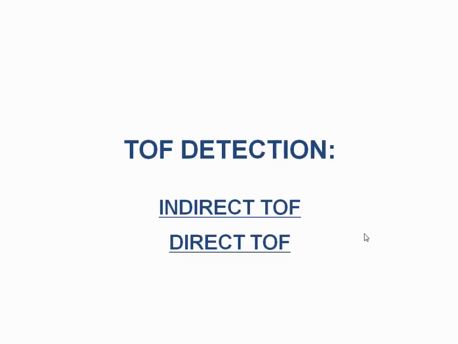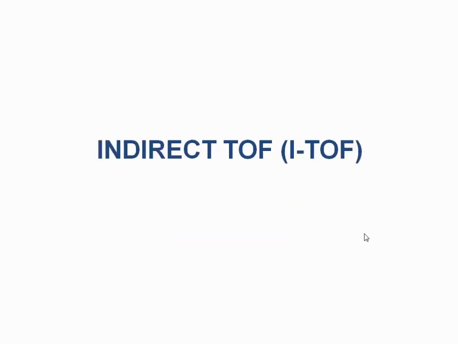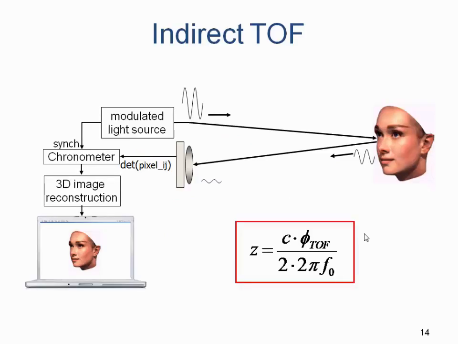So if you're looking at time of flight detection, you have essentially indirect and direct time of flight. These are the two methods that are generally used and are generally available also in industry. You see most of the applications are actually using these two techniques. So let me explain in more detail what indirect time of flight, or I-TOF, is.